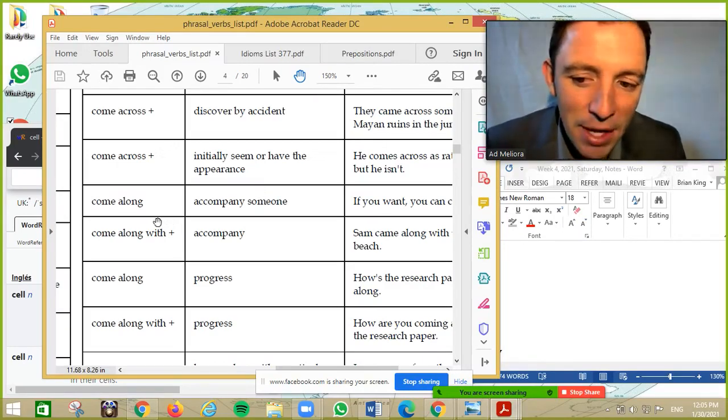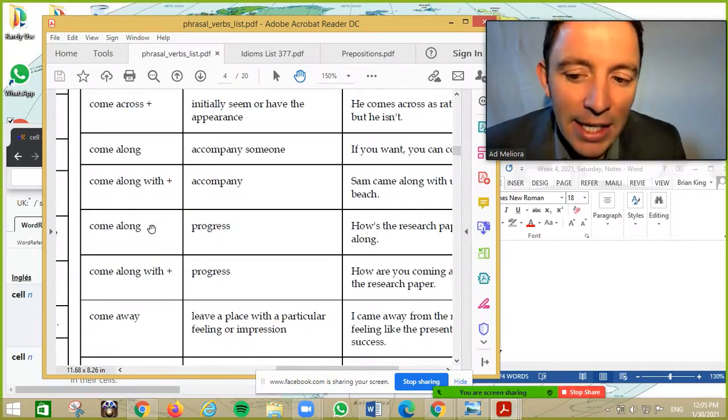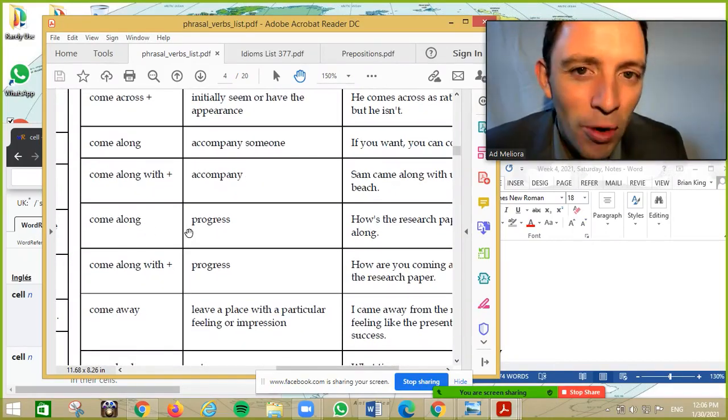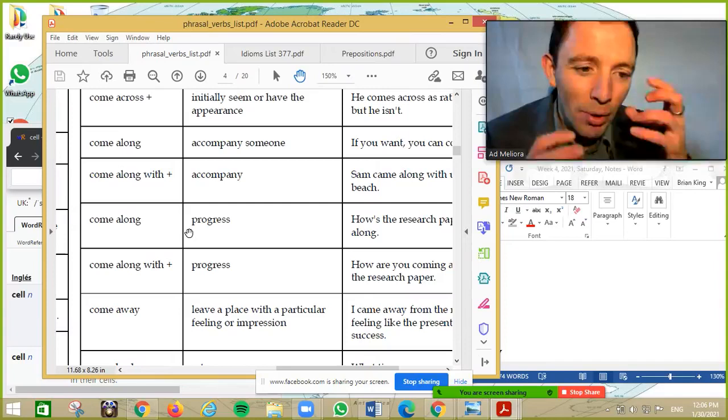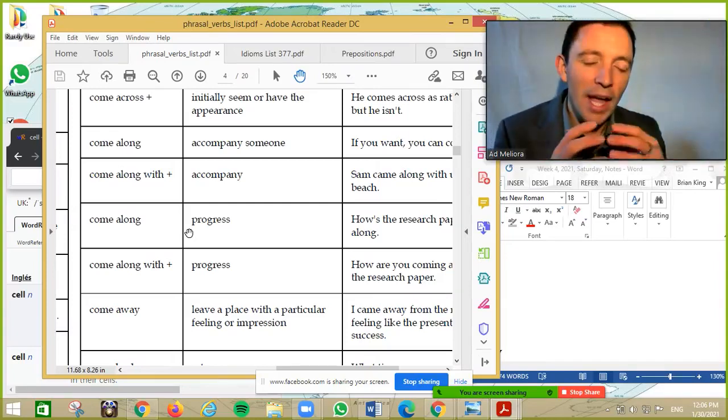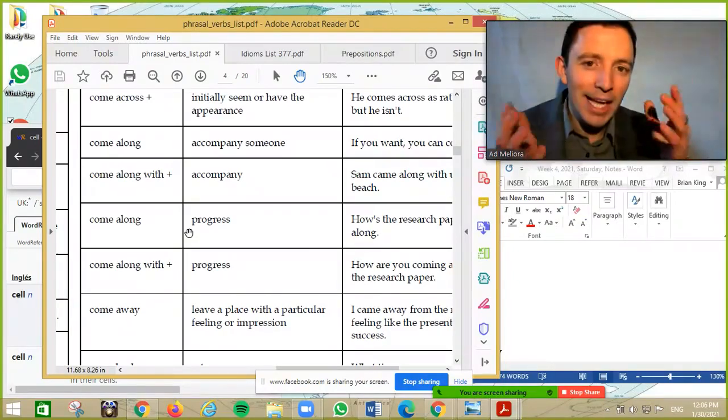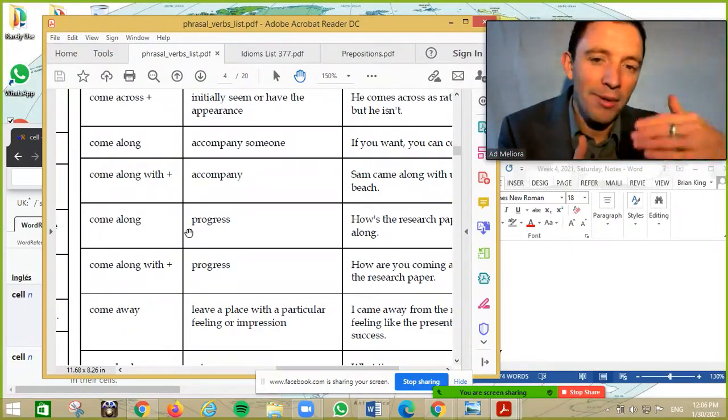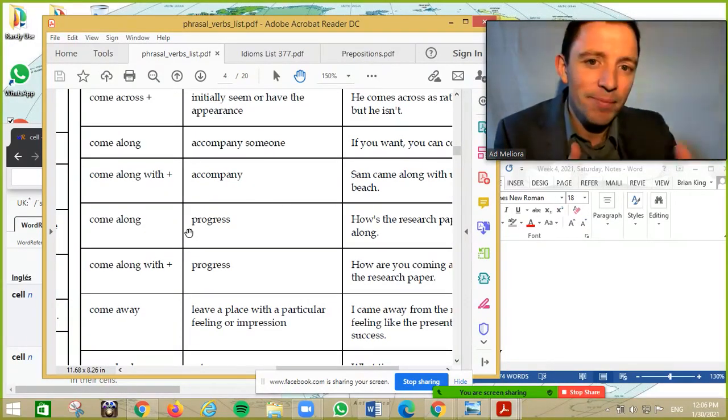And again, it's the same, come along with. The second significance is important as well, to progress. So if you have a project or work, and I ask, pregunto, I ask you, how is the project coming along? How is it progressing? Okay, how is it developing? Desarrollar.